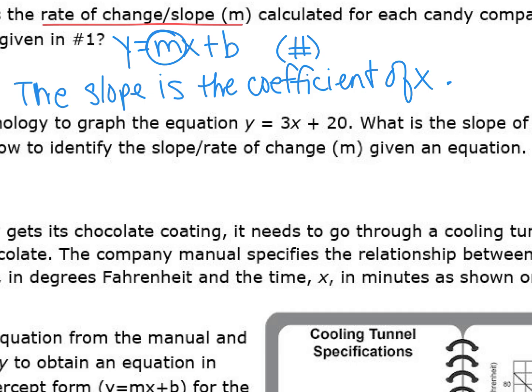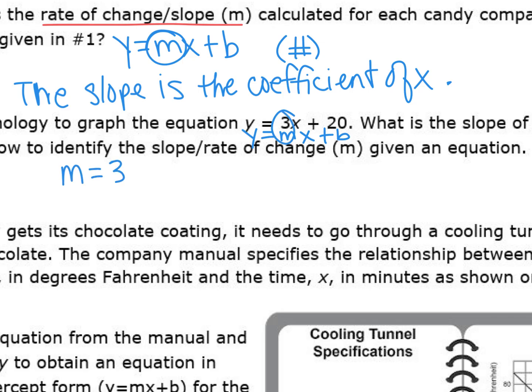Using technology, I'm going to show you in Desmos in a minute, we're going to graph y equals 3x plus 20 and find the slope of the graph. Based on that equation, what do you think the slope is? We said a minute ago, y equals mx plus b. So the slope should be 3.